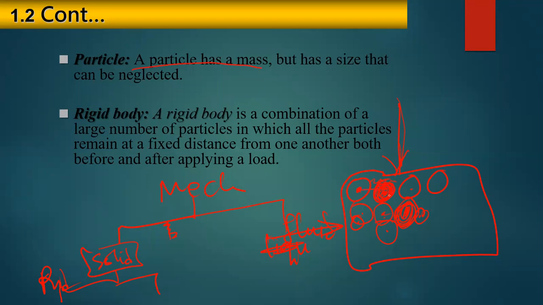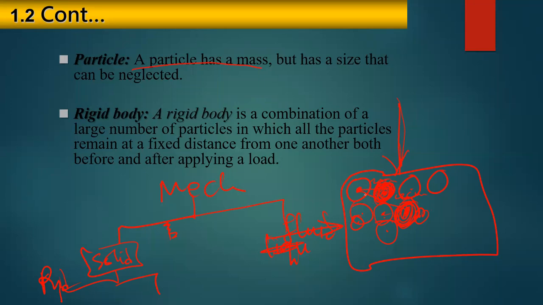As this object moves from this point to this point, the distance will change, maybe for instance to 4 centimeters this side. So when there's a change in the distance between particles when the force has been applied to any given body, that body is known as a deformable object. But if there is no change in the distance between the particles of a given body when the force has been applied to it, then that given body is called a rigid body.